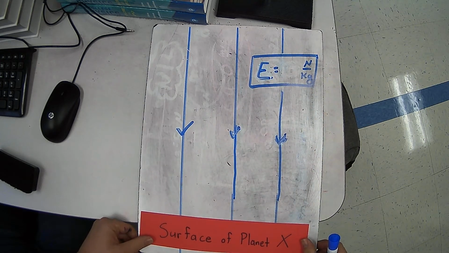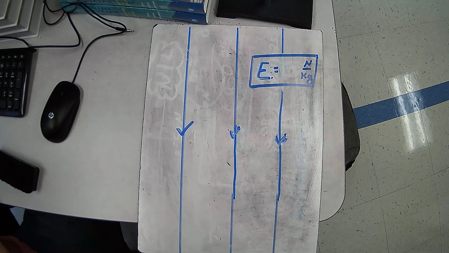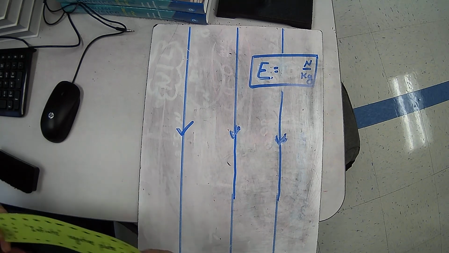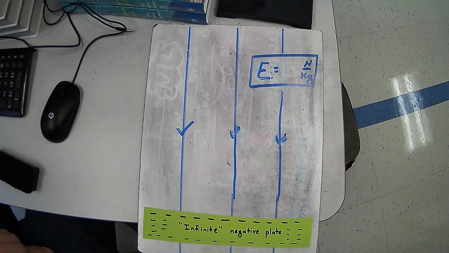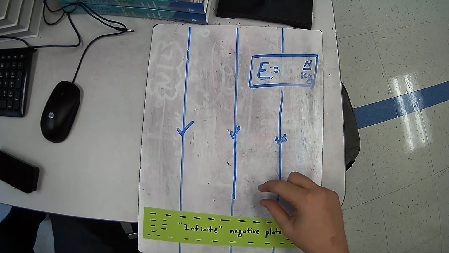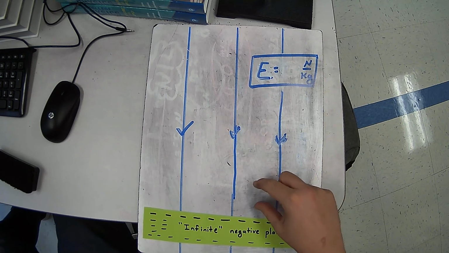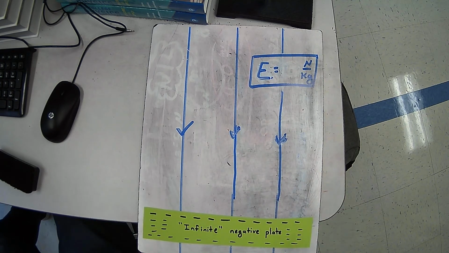And we are going to replace the surface of our planets with a piece of metal that is infinitely long. Obviously, we can't have a piece of metal that's truly infinite, but so long as our objects are very close relative to the size of the plate, then an infinitely large plate is just as good of an approximation as a flat, infinitely long Earth.